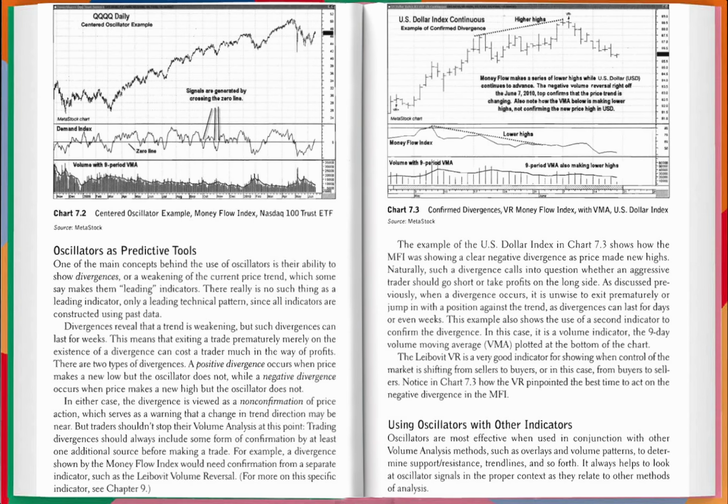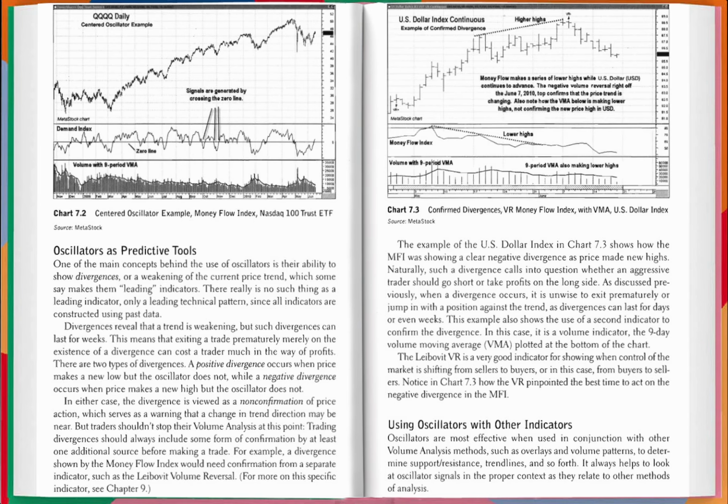In this case, it is a volume indicator, the 9-day volume moving average VMA plotted at the bottom of the chart. The Leibovit VR is a very good indicator for showing when control of the market is shifting from sellers to buyers, or in this case, from buyers to sellers. Notice in Chart 7.3 how the VR pinpointed the best time to act on the negative divergence in the MFI.